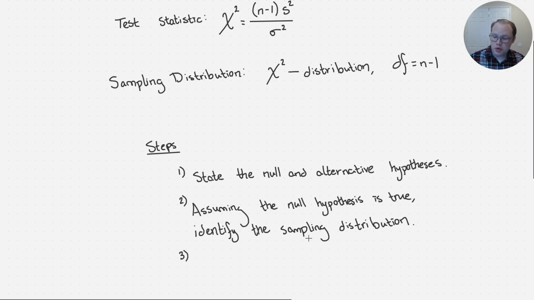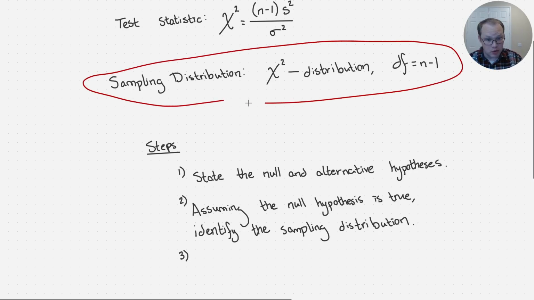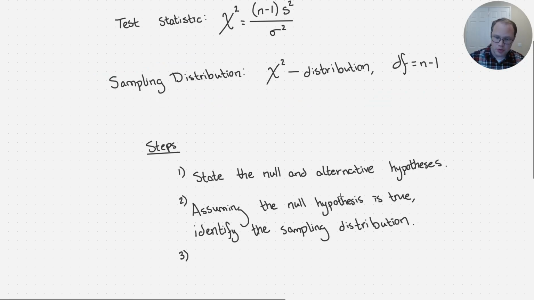That sampling distribution will be this chi-square distribution with n minus 1 degrees of freedom, where n is your sample size. Okay? That's the sampling distribution we're going to use.